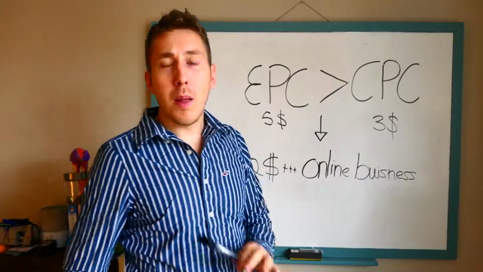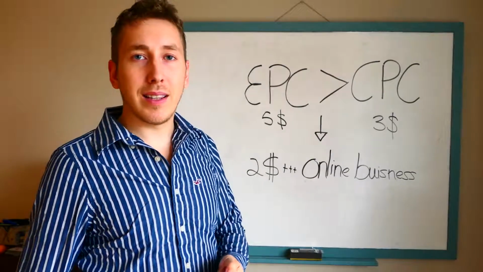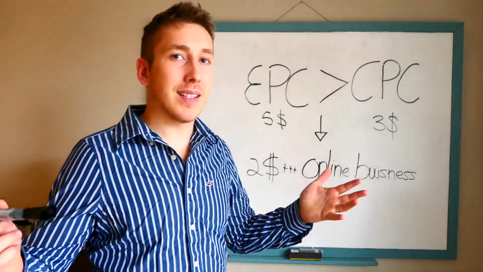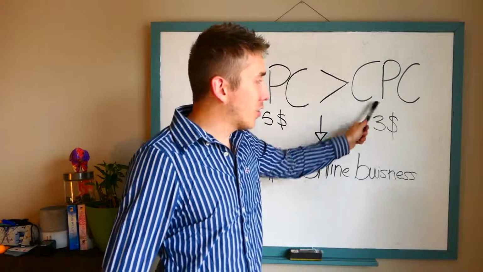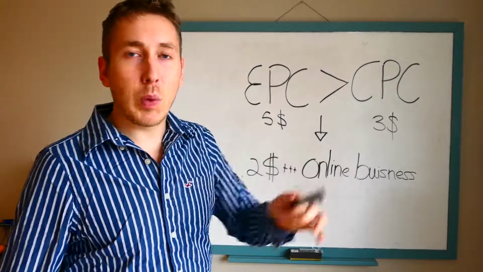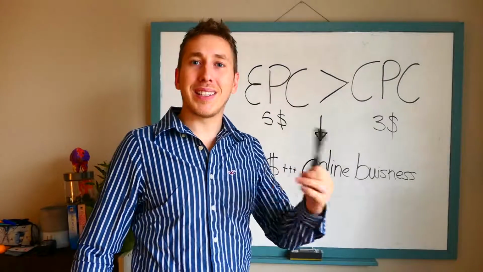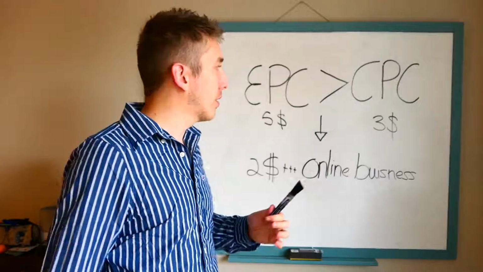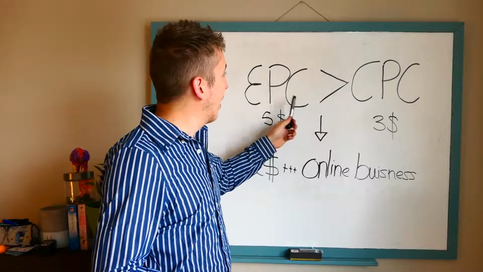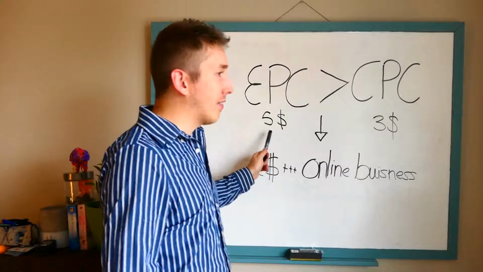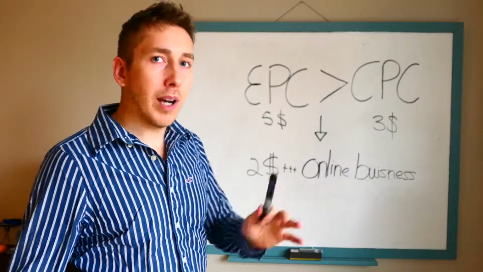But overall, the product they're selling is maybe, let's say, $100. So it costs them an average of $3 to get somebody on this website, but since the product they sell is $100, on average their earn per click will be $5, because not everyone is gonna buy the product.